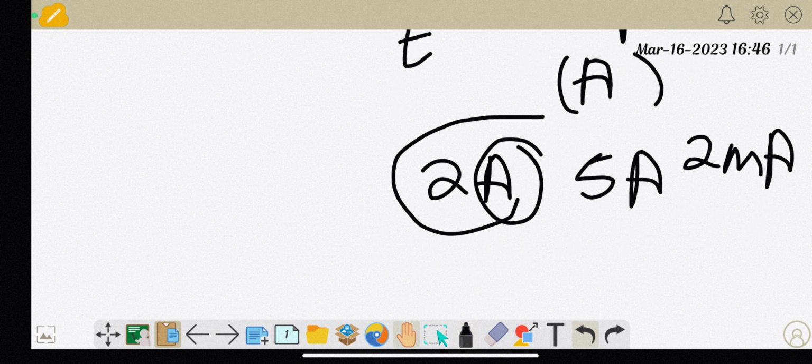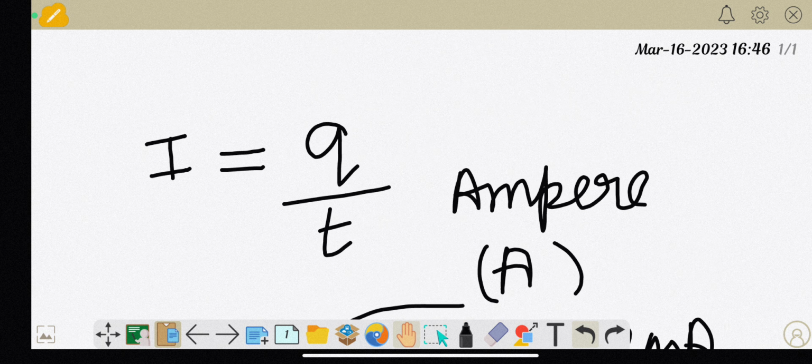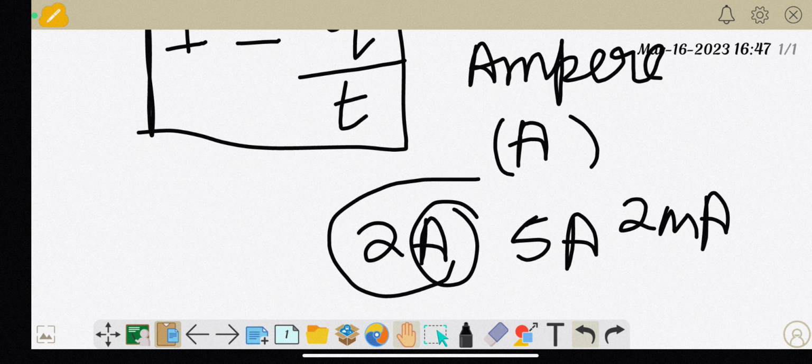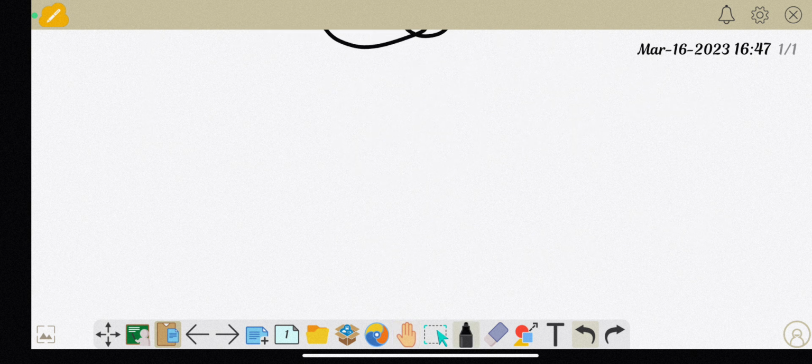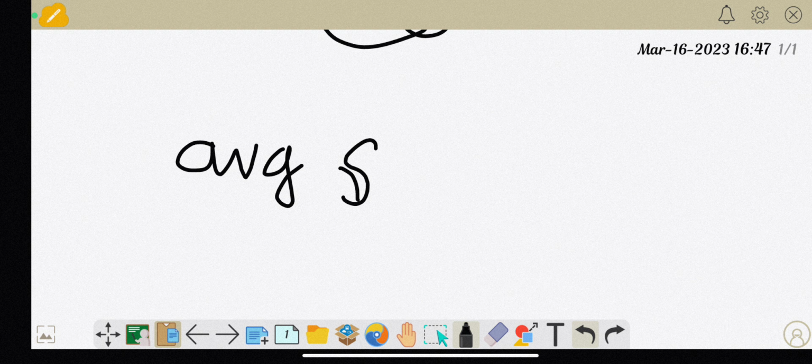This is just a formula for current. Now, in your first PUC you have studied average speed and average velocity. In the same way, there is something called average current.